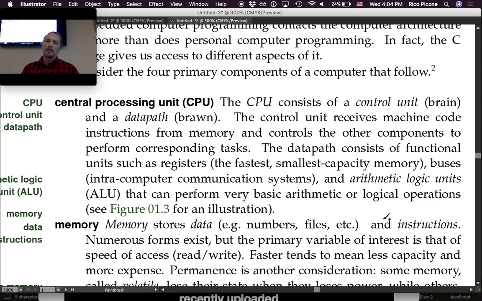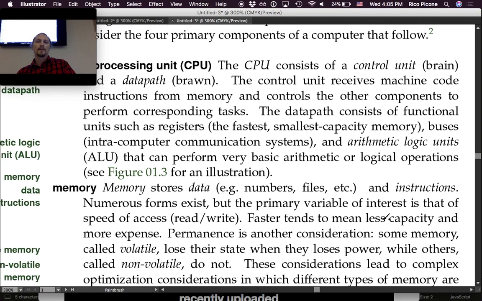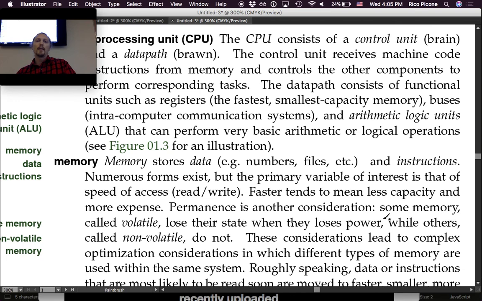We'll talk a little bit more about registers. Will be something that we'll interact with some in C. You can actually interact with the registers directly. It's pretty cool.